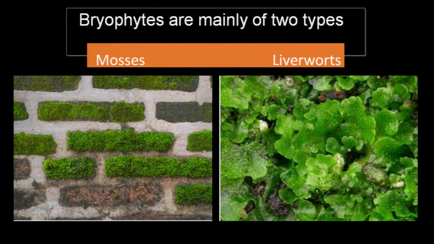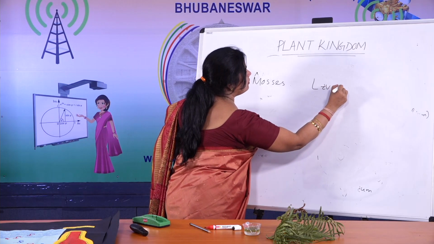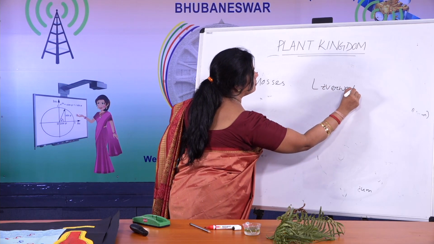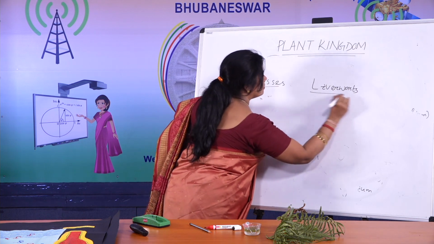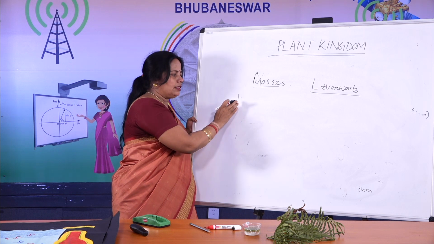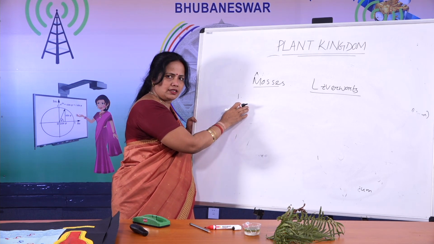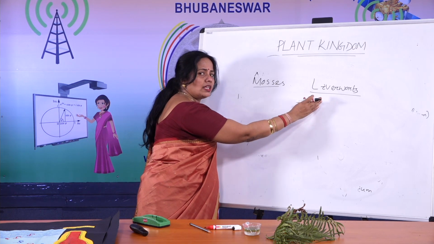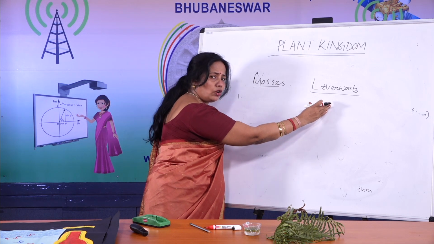So, what is the difference between mosses and liverworts? First of all, the mosses have a structure that is thallus-like, and liverworts have thallus as well as folioles.